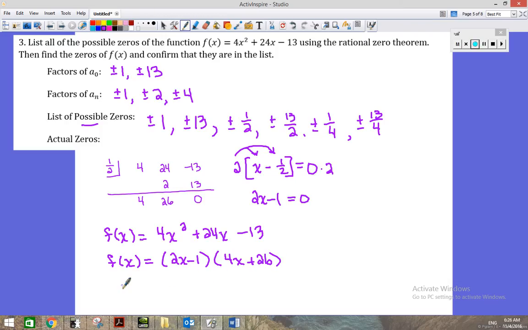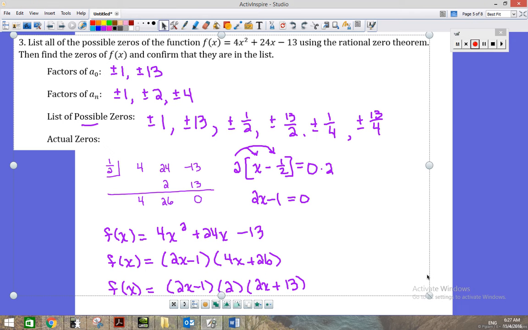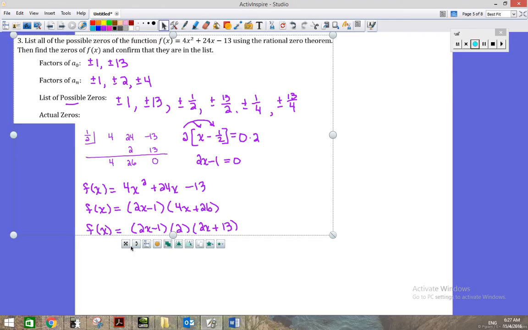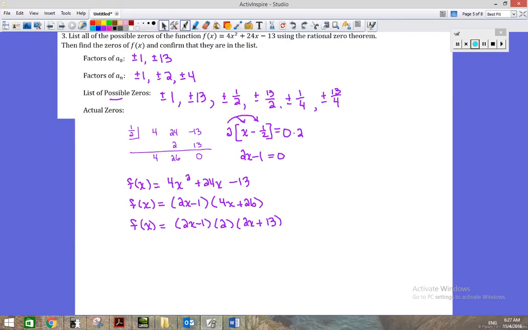So in factored form then, I can see that I can factor a 2 out, and I've got 2x plus 13. And when I go to solve this, I have 0 equals 2x minus 1 times 2 times 2x plus 13.